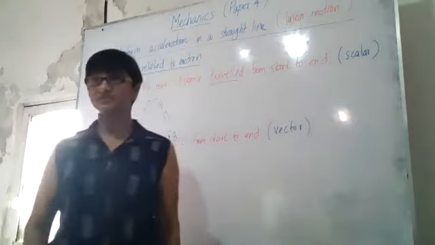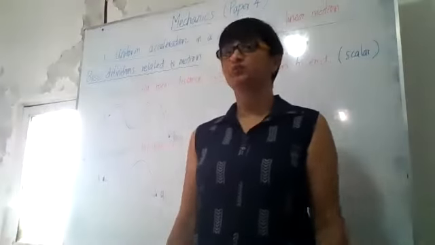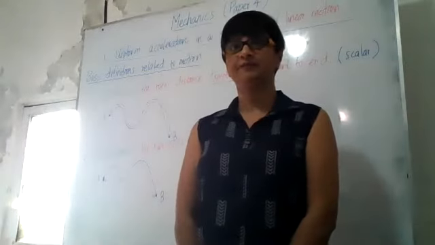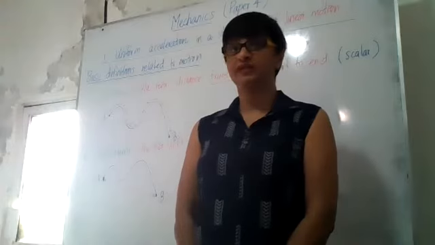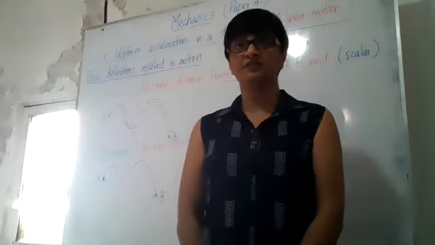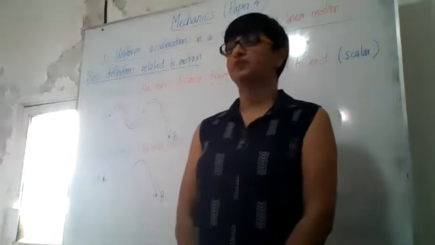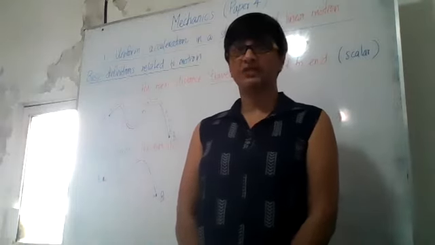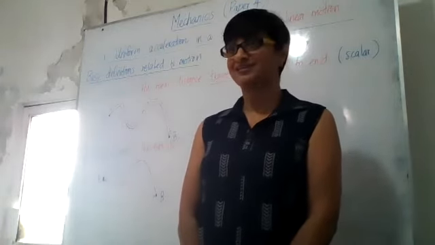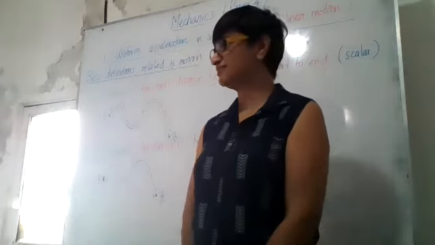Because for example, if I say I got displaced by 2 meters, now I'm standing here, I got displaced by 2 meters. Can you tell me where I originally was? If I just say I got displaced by 2 meters, where was I before I got displaced? You can't say without another explanation.